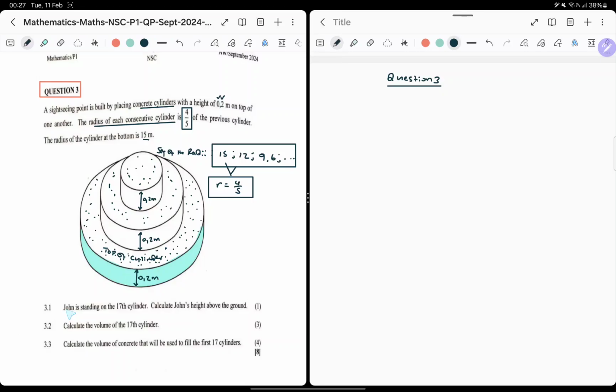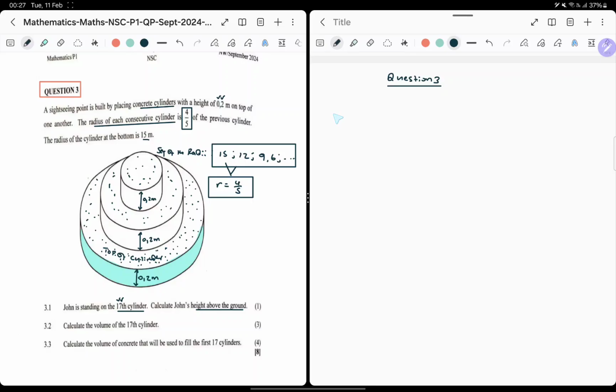Now the question says, John is standing on the 17th cylinder. Calculate John's height above the ground. So John is on the 17th cylinder, and now we need to calculate his height. Of course, guys, this is the first, second, third. Now on the 17th, this is just 17 times this.